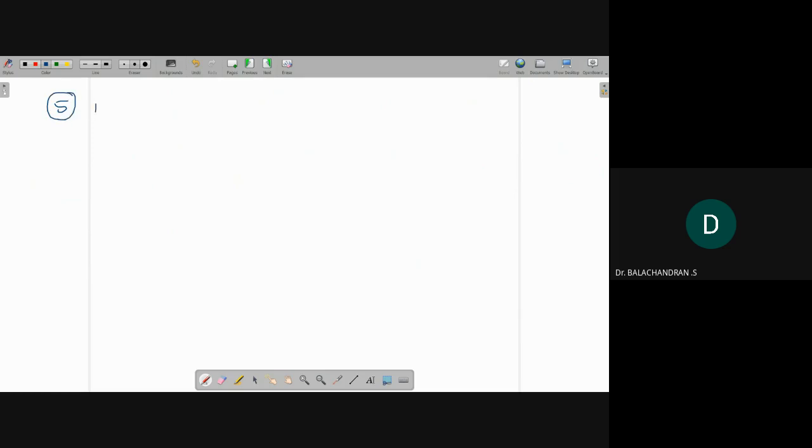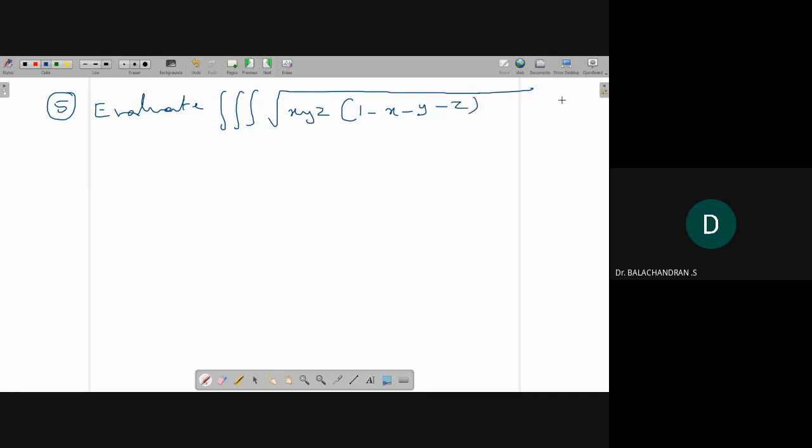Fifth problem, evaluate the triple integral of root of xyz into 1 minus x minus y minus z into dx dy dz taken over x equal to 0, y equal to 0, z equal to 0, and x plus y plus z equal to 1.